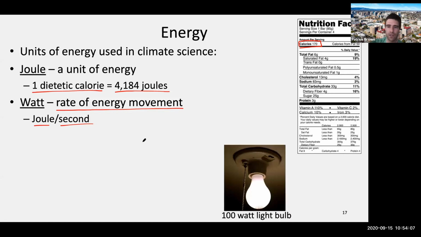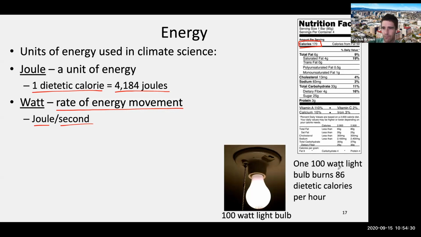So a 100-watt light bulb, for example, is emitting and consuming 100 joules per second, and emitting that in the form of heat and light. With these conversions, you can say a 100-watt light bulb burns 86 dietetic calories per hour. You just convert seconds to hours and joules to calories.